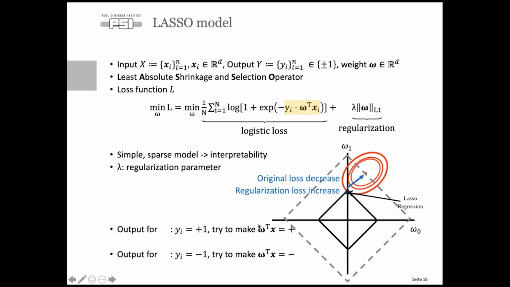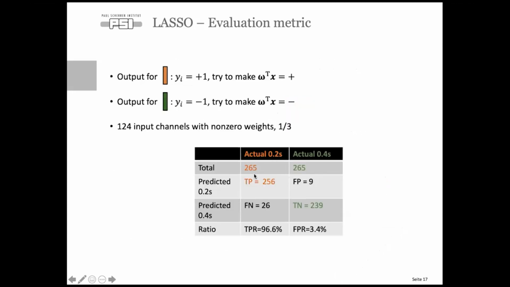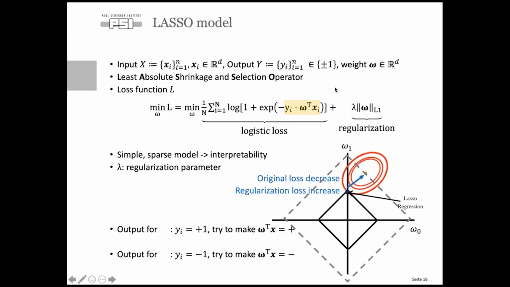If we apply this Lasso to our model, we can see that for positive samples with y equal to +1, we try to make omega times x positive, as we want to minimize the loss here.